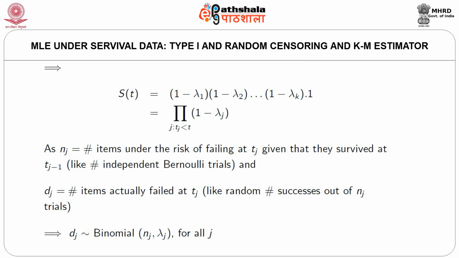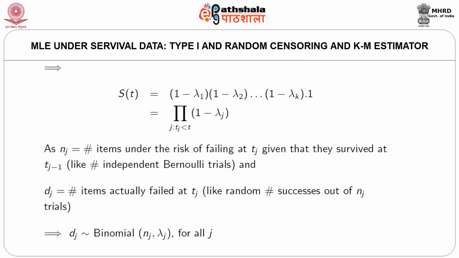Anyway, the reliability function R(t) is equal to the product of (1 minus lambda j) over those j such that tj is less than t. Now according to the definitions we have already given, nj equals the number of items at risk of failing at tj given that they survived at j minus 1, and dj equals the number of items actually failed at the time tj.